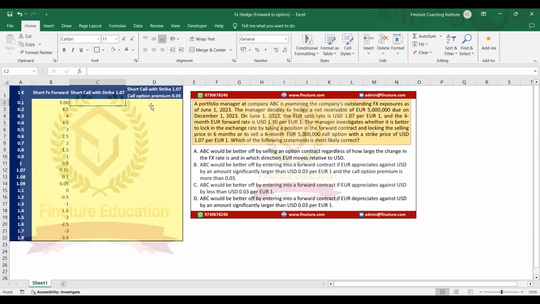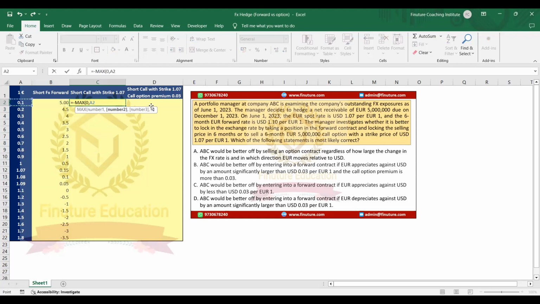So let's evaluate another option, where you have written a call at a strike price of 1.07. The short payoff is negative, and what you will pay to the long party is max of spot minus strike. Spot price is this market price.